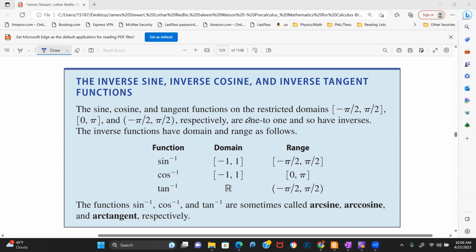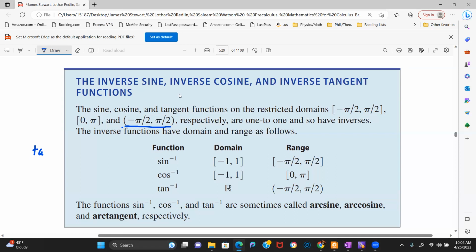And when you restrict them and you graph these functions over these domains, they are in fact invertible. And remember, for the tangent function, we have to use the open interval right here. We can't include pi over 2 and negative pi over 2 because those are asymptotes. Remember, that's where we have division by 0.